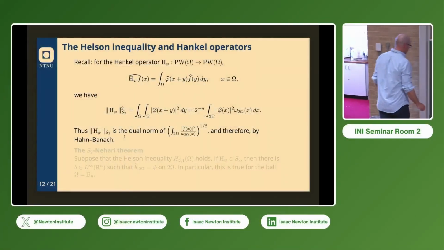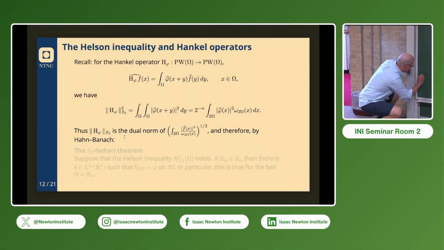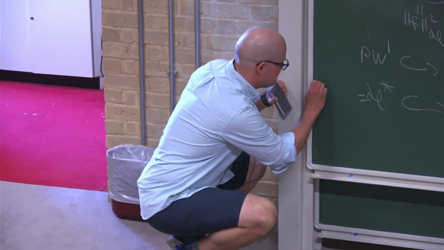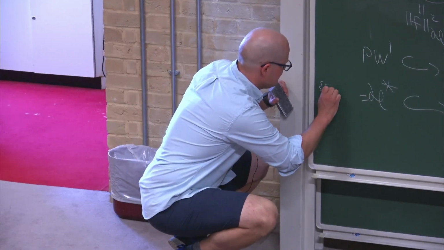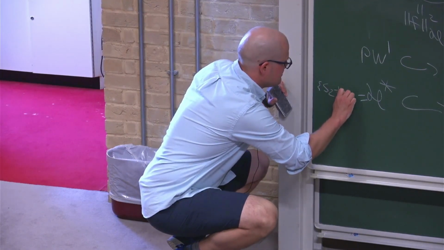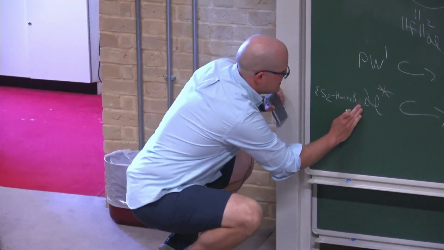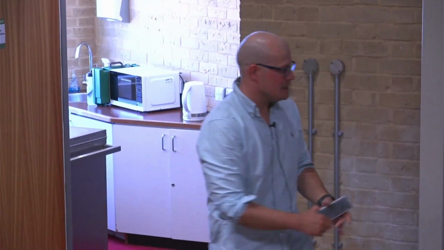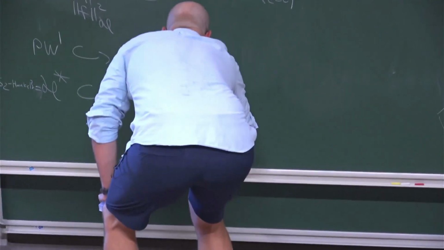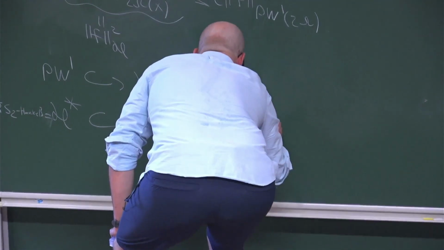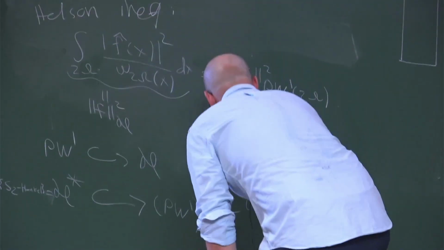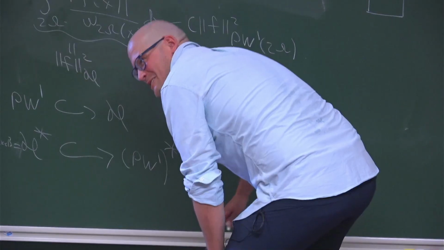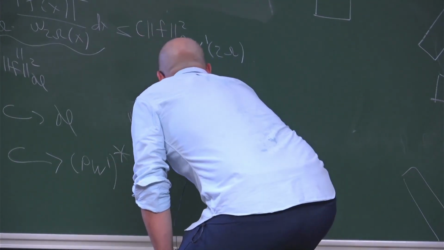So this would be the space of S2 Hankel operators. The space of S2 Hankel operators is this dual space, which is in PW1, which is a subset of L1 star by Hahn-Banach. Any functional on PW1 will be a functional on L1, which is L infinity.